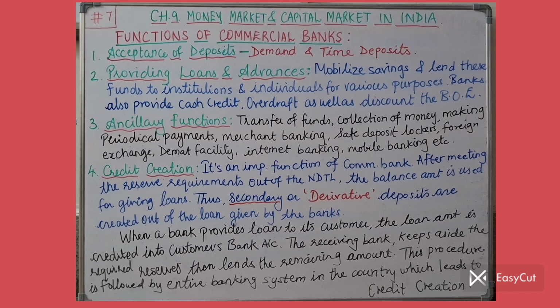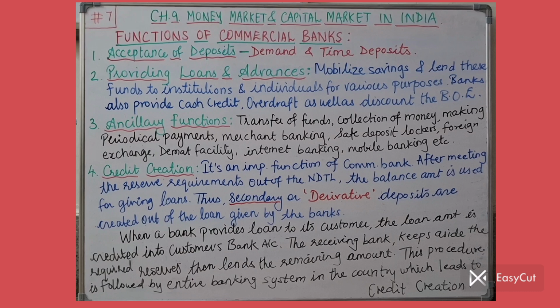It is an important function of the commercial bank that after meeting the reserve requirement out of the NDTL, that is net demand and time liabilities, banks are supposed to keep aside certain reserves such as the cash reserve ratio. We saw all this in the earlier lectures. Then the statutory liquidity ratio. Banks have to compulsorily maintain certain reserves, and whatever balance amount remains is used for giving loans and advances.